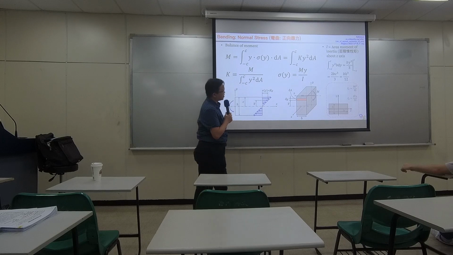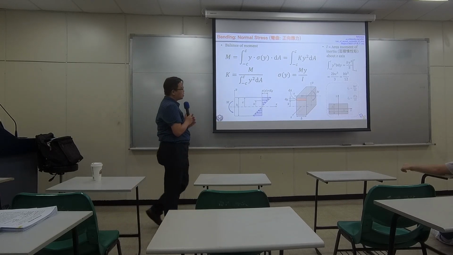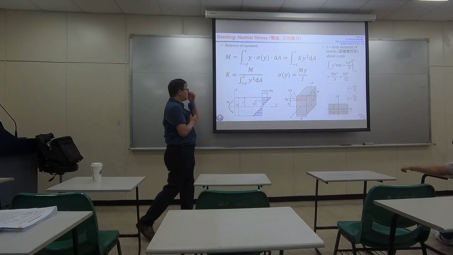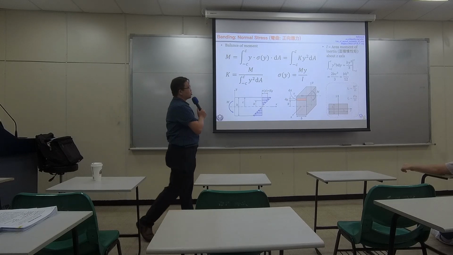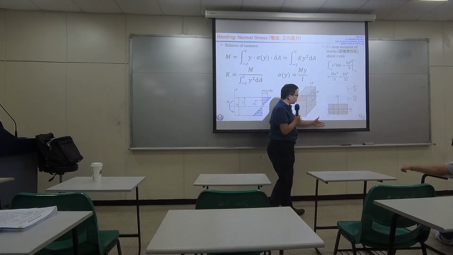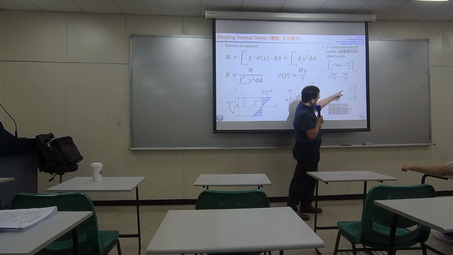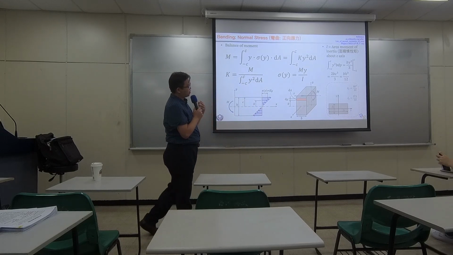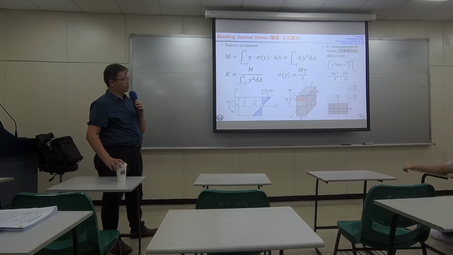Then you have something like this. This equation works for other geometries. So all you need to do in the future is to check the internet or your textbook. You can find the equation for area moment of inertia when you are working on different kinds of shapes.